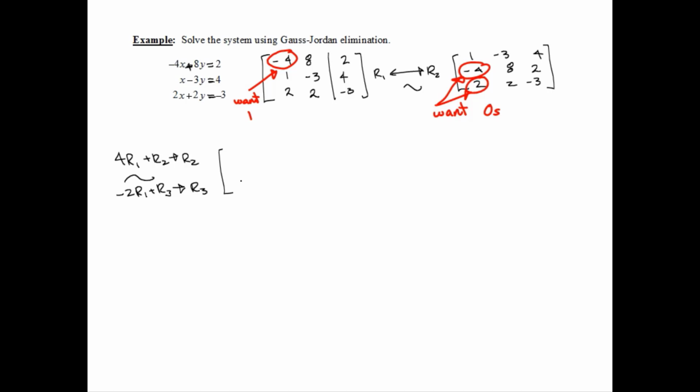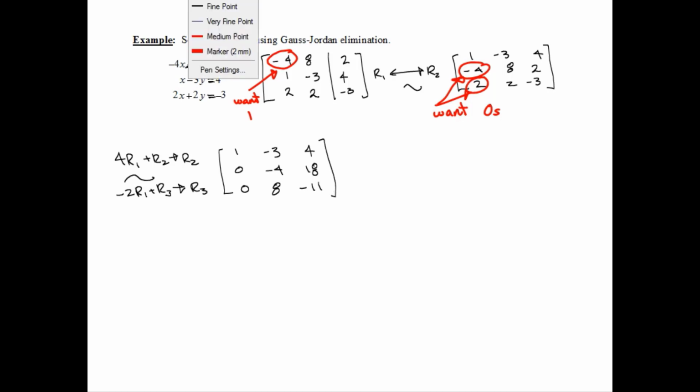Okay, when we do this, we should get for our first row 1, -3, 4, same as before, but then 0, -4, 18, and 0, 8, -11. Okay, now we move to our second column. We need to get the 1 first, and then the zeros. So we want to put a 1 here.